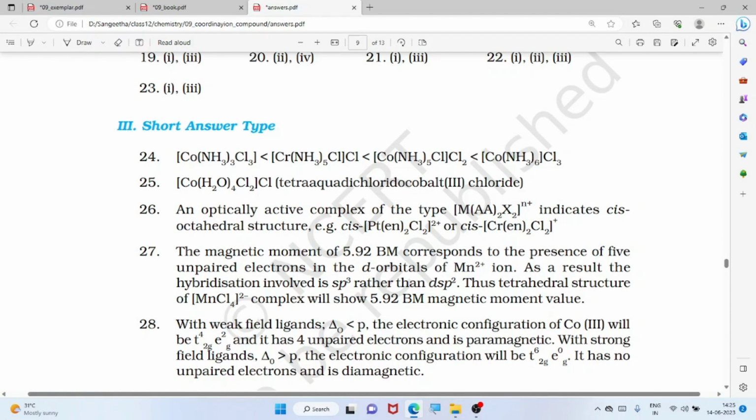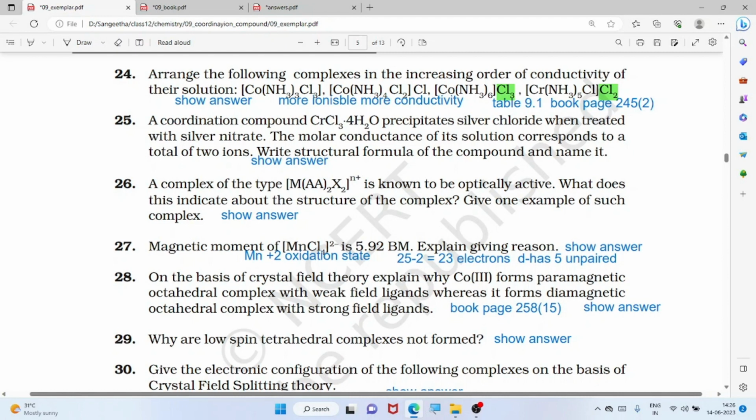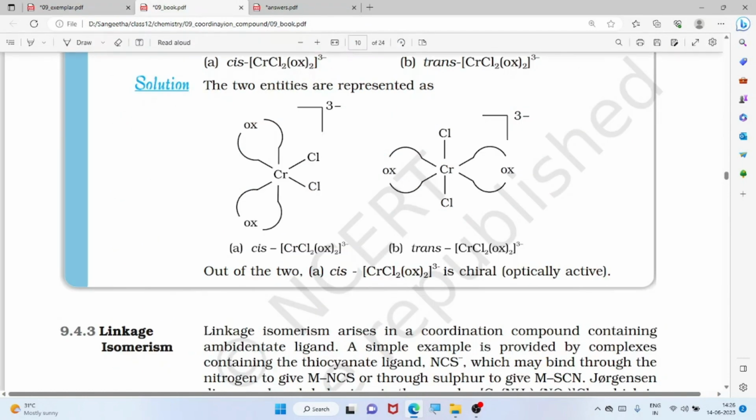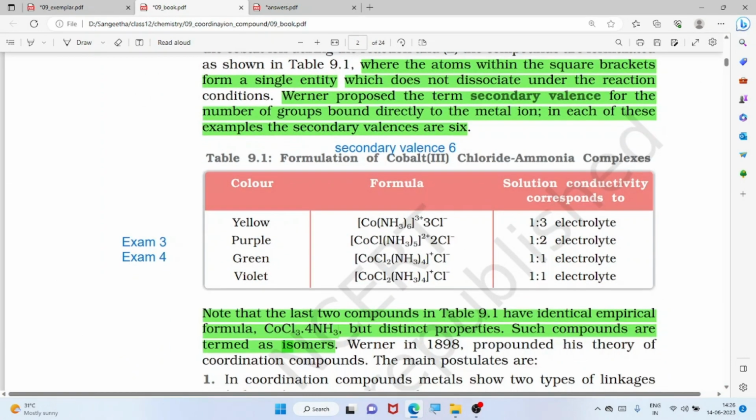Okay, so more conductivity is more ionizable here, more ionizable outside the bracket. Here we have more, this we have more conductivity than this. Two. So here, see, we have more ions here and more conductivity. Okay.